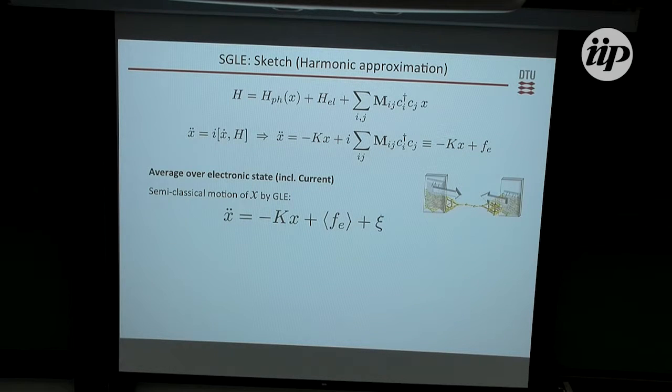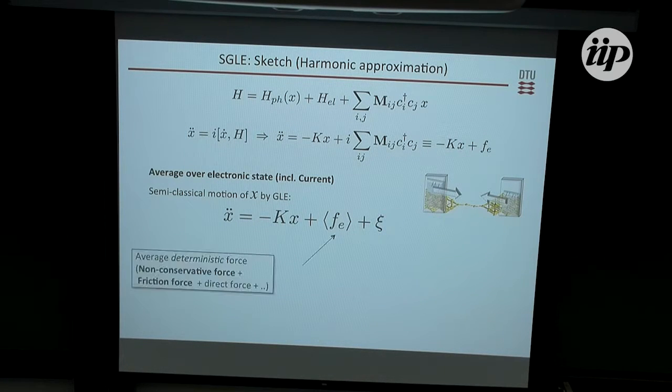So we will just take this equation and we will average it over these states of the electrons, this steady state current flow. So we'll write it as an average force due to the electrons plus a fluctuating force. And we'll actually take this semi-classical approximation, which in the first place means that x we'll think of as a number. So you can think of it as the center of a phonon wave packet. And then we'll treat this as a sort of a normal fluctuating force.